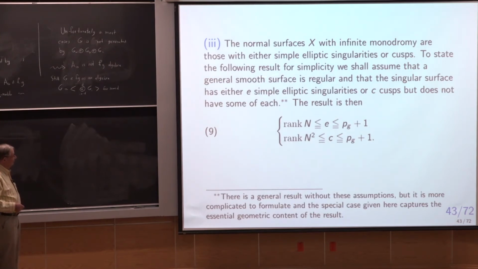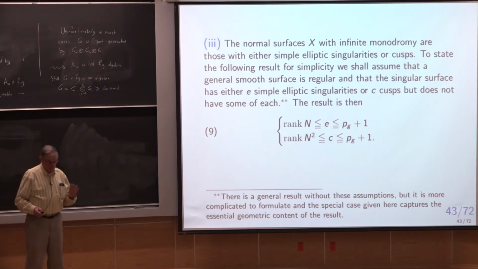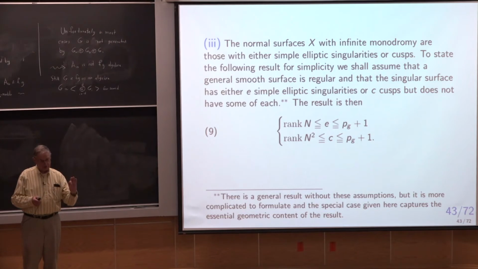There are other isolated singularities that can occur, interesting ones, very beautiful ones. I'm not going to get that much into those, but elliptic singularities. That's where the surface acquires an isolated singular point whose resolution is an elliptic curve. And a sort of degenerate form of that is the isolated singularity as a cusp.